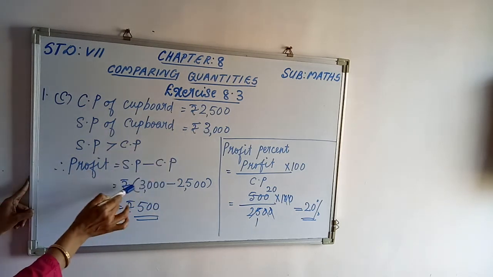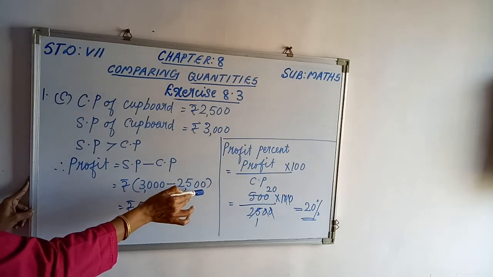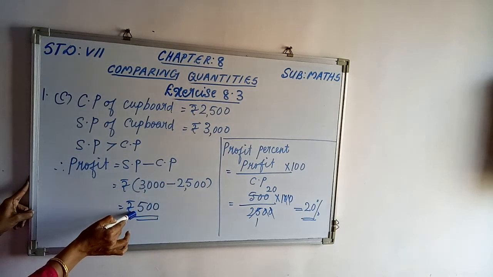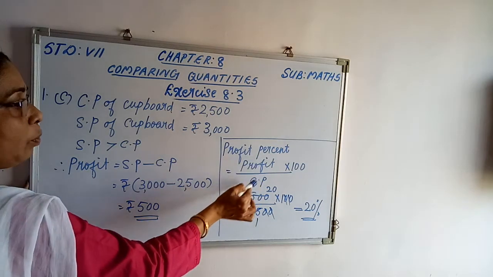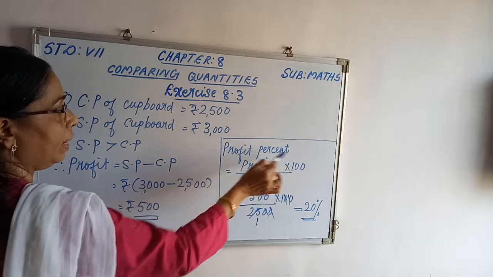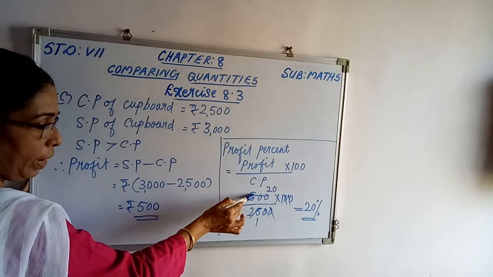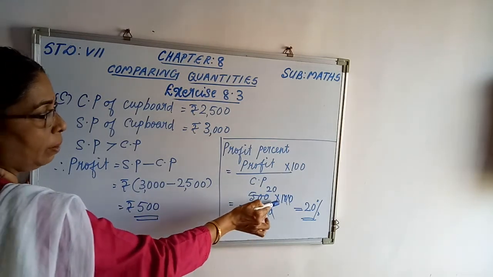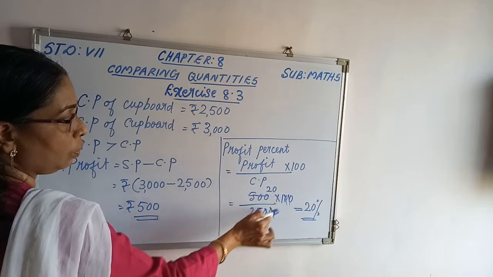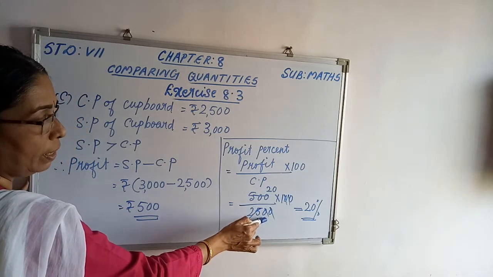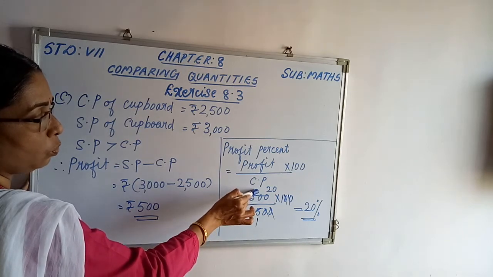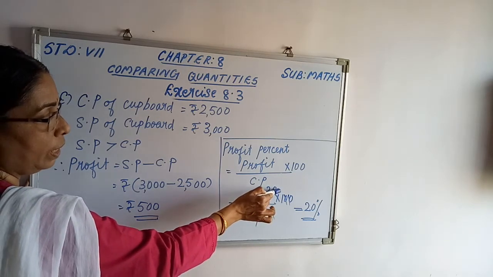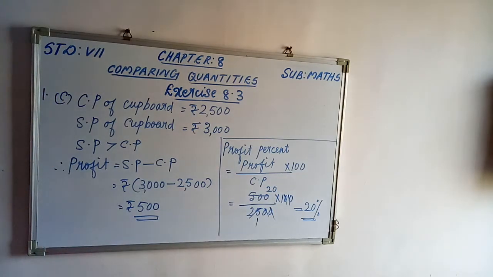Substitute the value 3,000 minus 2,500. That's equal to rupees 500. Then profit percent. Profit upon cost price multiplied by 100. Profit we got as 500 upon 2,500 multiplied by 100. 2 zeros in the numerator and denominator cancel. Then 25 ones are 25, 25 twos are 50, and here 1 0, that is 20. So the profit percentage we got is 20%.